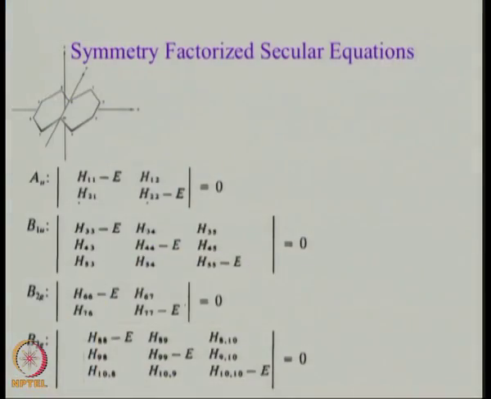So, you can block factorize this determinant using symmetry, and now you have 4 much smaller determinants, equate each to 0, and you get much smaller equations. What are those equations? These are the equations.